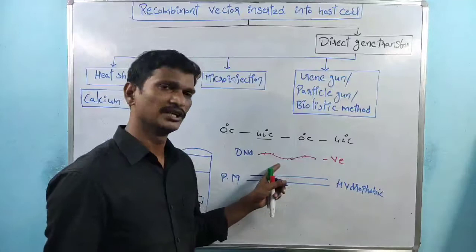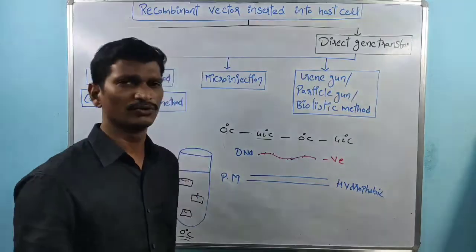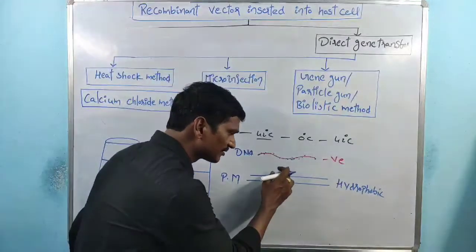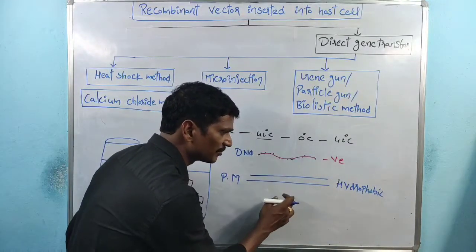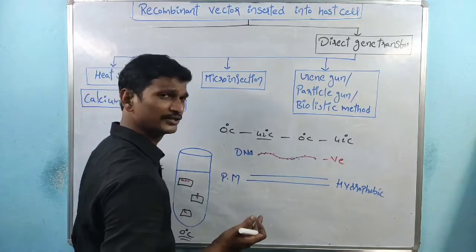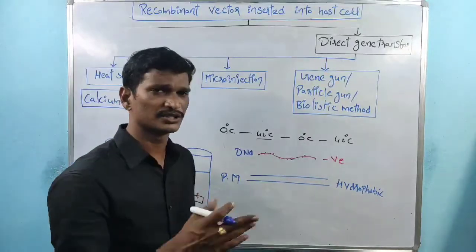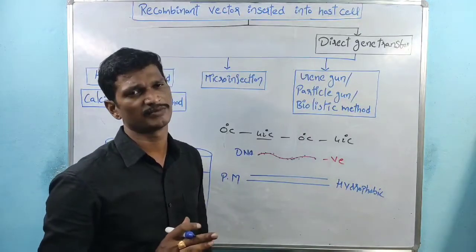Sir, why did we neutralize the DNA? We know neutralized particles very easily cross the plasma membrane. Molecules with a negative or positive charge do not easily cross the plasma membrane.